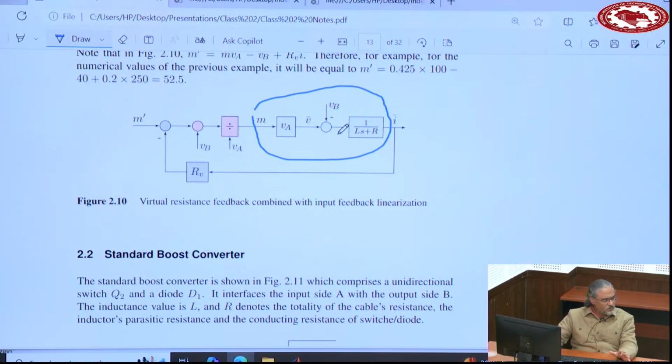I solved it to a certain extent, but let's say if it multiplies into VA, now can I divide by VA in the controller? If I can divide it in the controller, then this multiplication and this division cancel each other, so I completely remove the impact of VA.